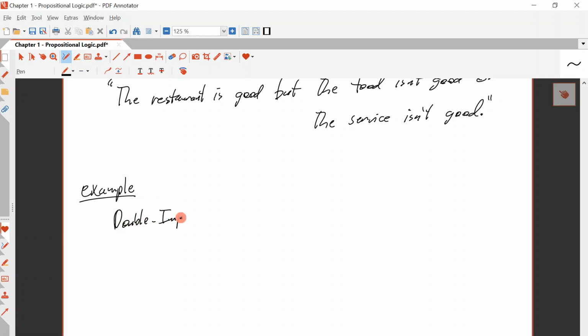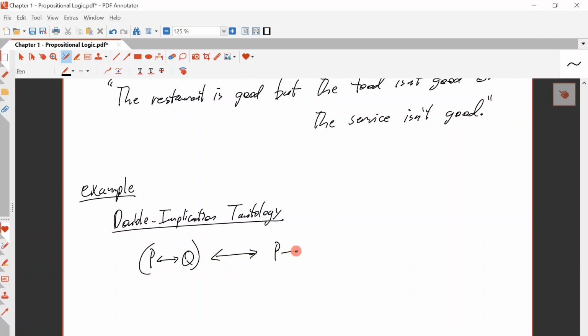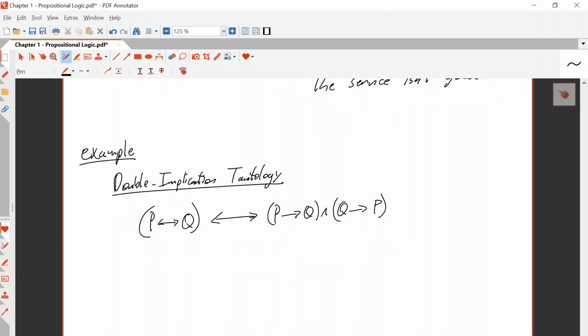The double implication tautology is the following: P if and only if Q is logically equivalent to P implies Q and Q implies P. So P is contained within Q and Q is contained within P, so the only possibility is that P and Q are equal. So this is good for negating statements that say if and only if.